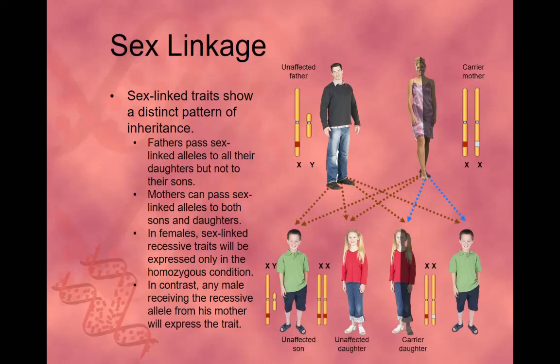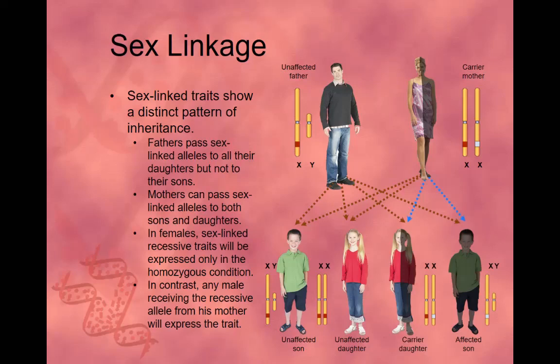So she still looks phenotypically fine. And what about the last boy? He gets an affected X from mom. What does he get from dad? That's right. He gets the little dinky Y, which is missing all this information, and he does have the disease.